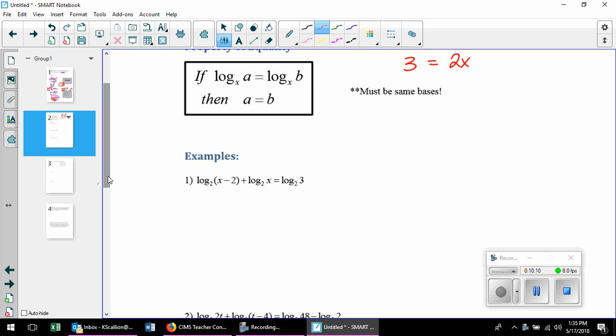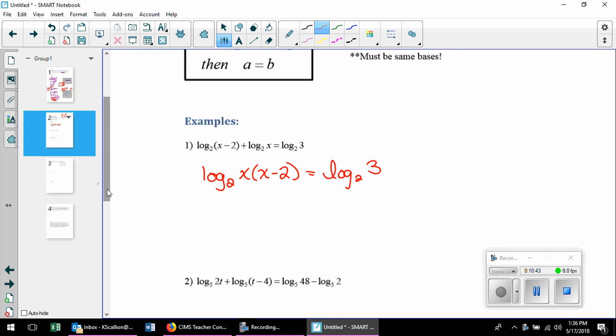Okay, so looking at this, what's the first thing I'm going to do? Now notice there's a single log and a single log. So what am I going to do? This is yesterday's lesson. I need to make this side a single log. That's step one, make it a single log. So this is going to be log base 2, x times x minus 2 equals log base 2, 3.